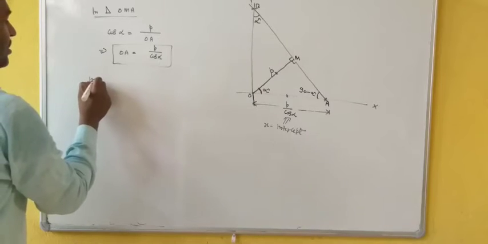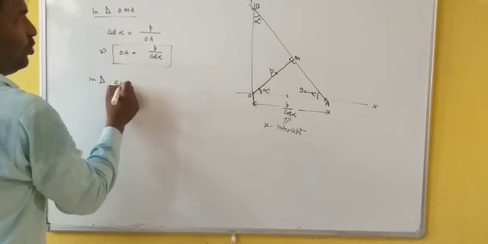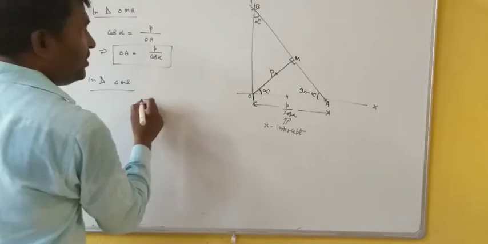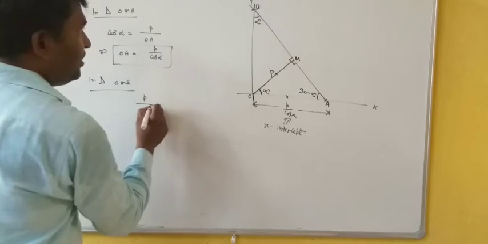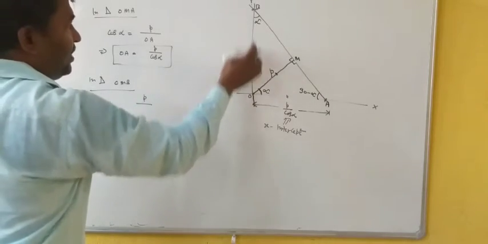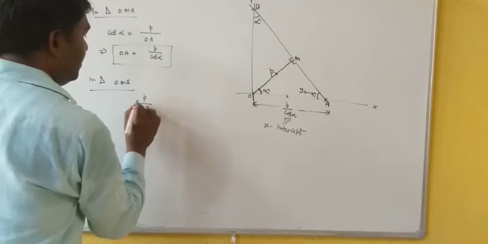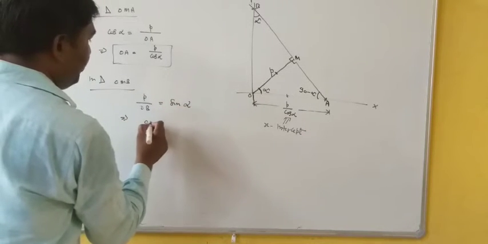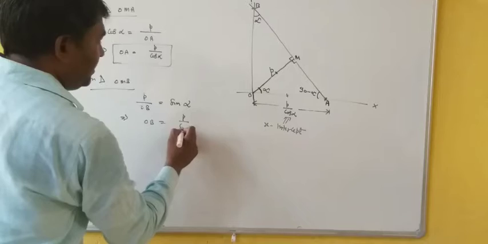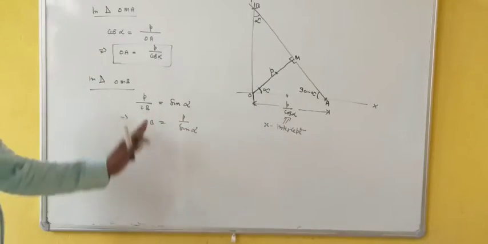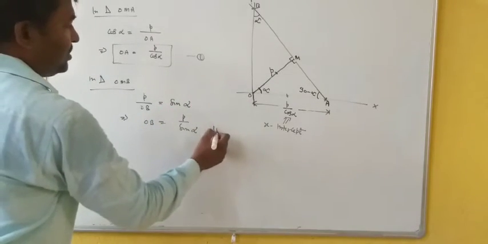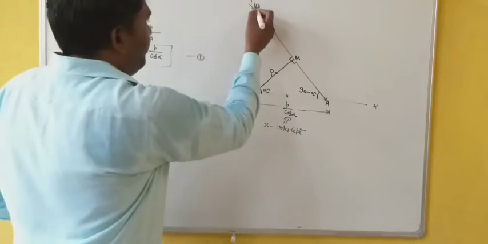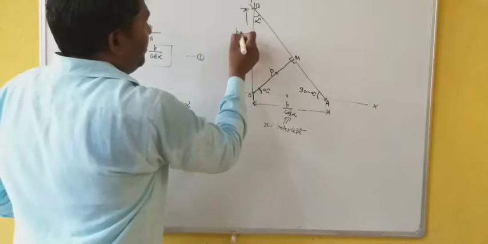So now in right angle triangle OMB, sin alpha means this perpendicular P upon hypotenuse OB is equal to sin alpha. So this implies that OB is equal to P upon sin alpha. Is it correct? Let this be equation 1, this be equation 2. OB is your P upon sin alpha.